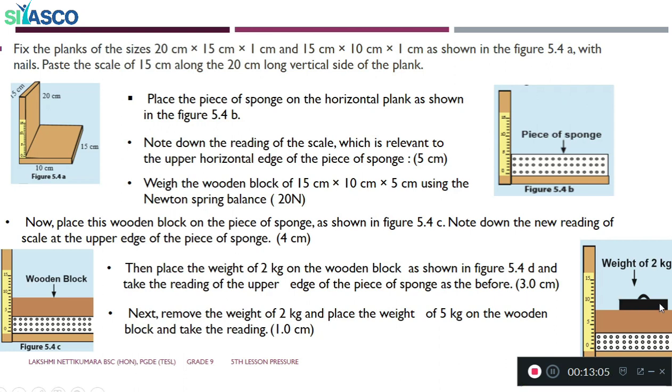Next, remove this 2 kg weight and put the 5 kg weight here. So now totally how much weight have you exerted here? 5 kg equals 50 Newton, and the wooden block is 20 Newton. 50 plus 20 equals 70 Newton in this situation.